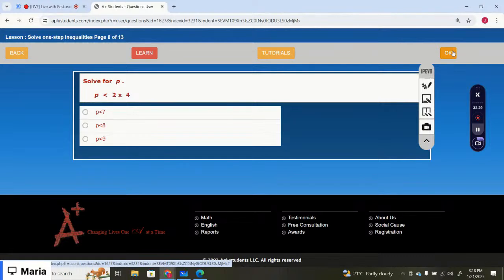Solve for p. p is less than 8. 2 times 4 is 8. The correct option is option number 2.